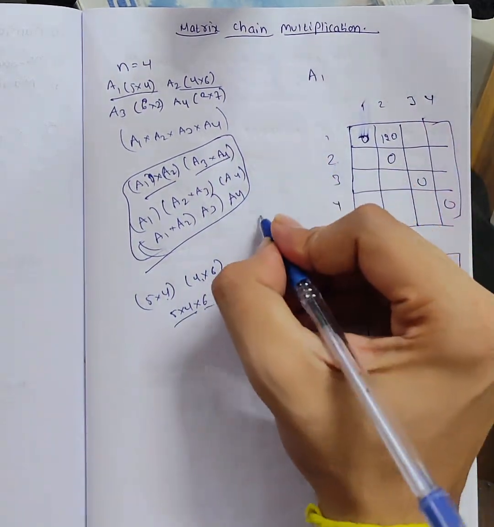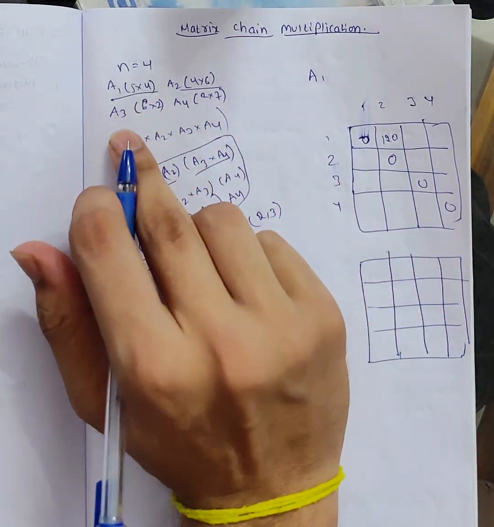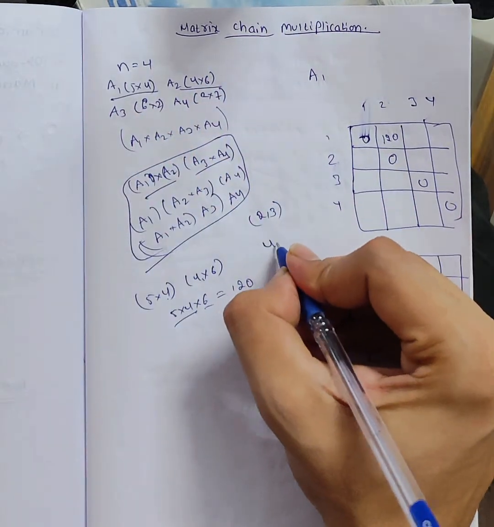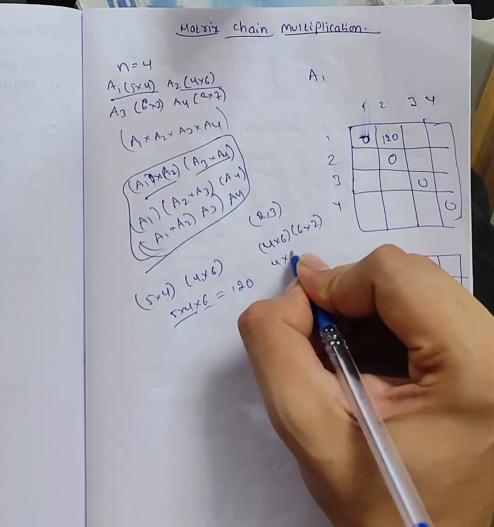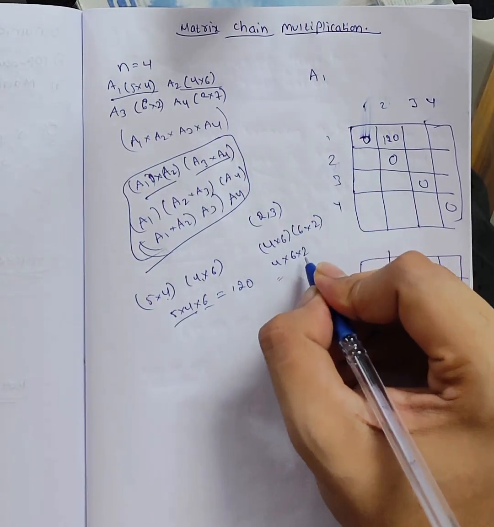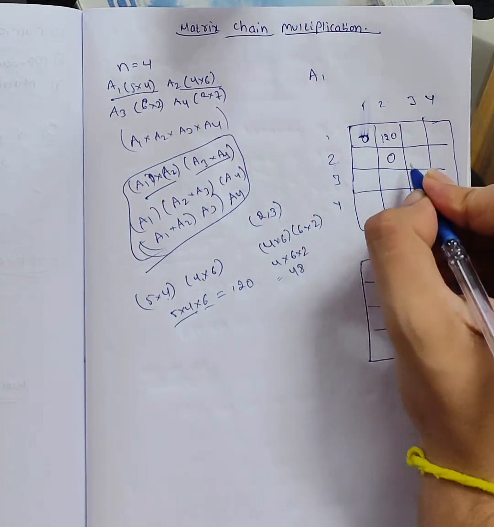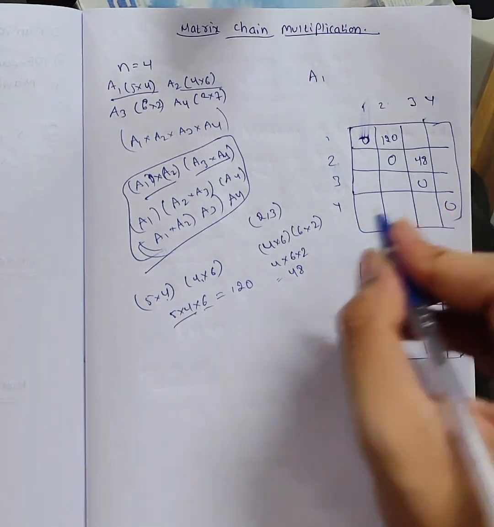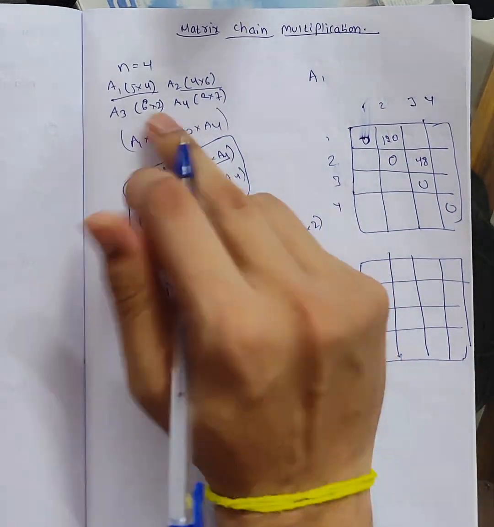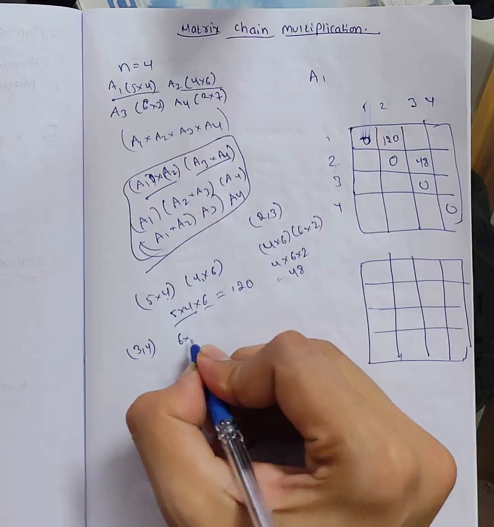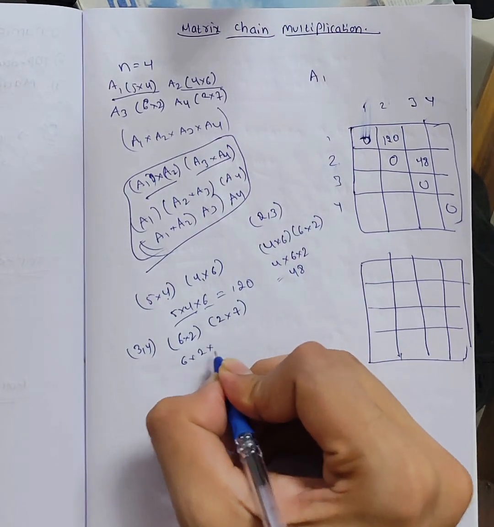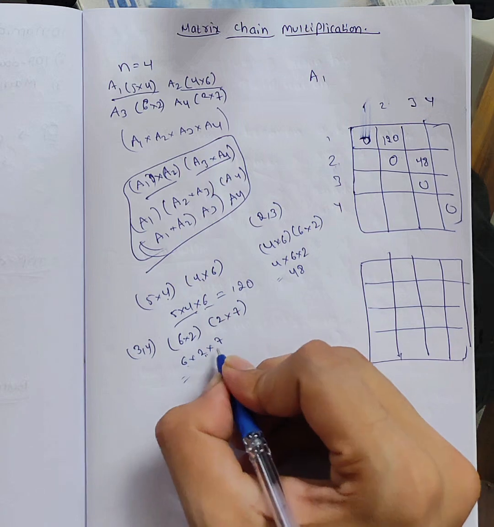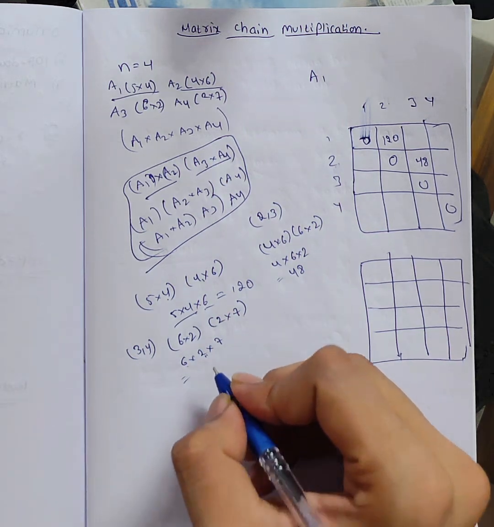Similarly for 2 3, it is 4 by 6 into 6 by 2, so 4 6 2, that is nothing but 48. And for 3 4, it is 6 by 2 into 2 by 7, so 6 2 7, 6 2s are 12, 12 7s are 84.